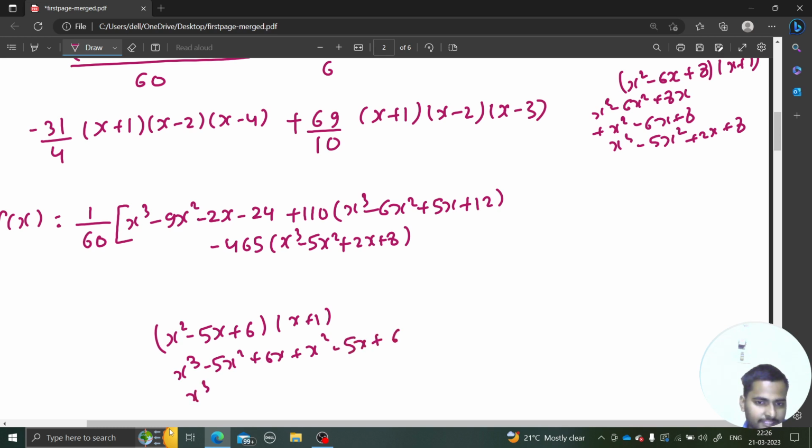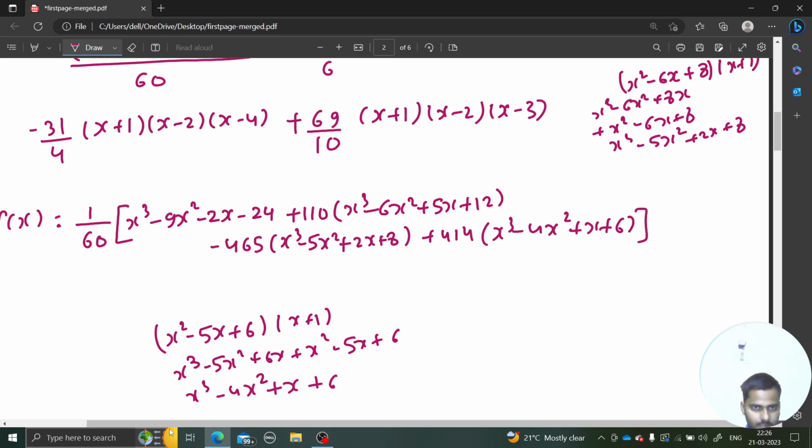So this will be x cube minus 4x square plus x plus 6. And this will be 69 into 6, 414 times this.